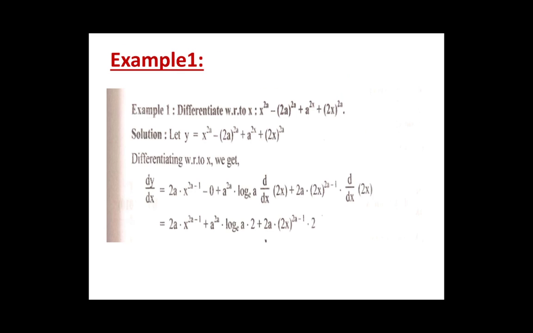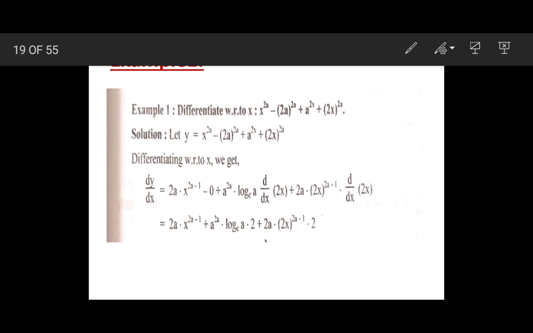Now let us see some examples. Example 1 is differentiate with respect to x: x raised to 2a minus 2a raised to 2a plus a raised to 2x plus 2x raised to 2a. Okay, now let us start.